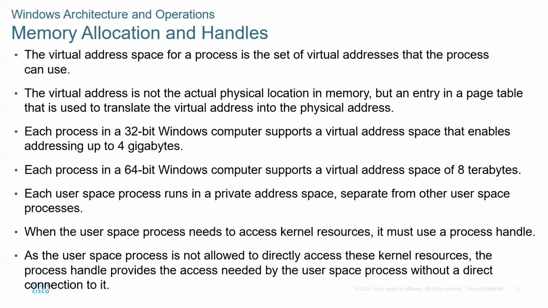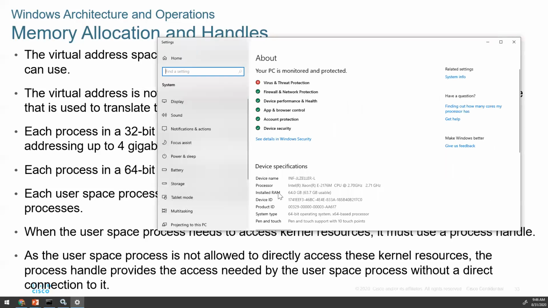Typically, most desktop and laptop type systems today, you probably see anywhere from 8 to 32 gig of RAM. Some of your higher performance gaming systems or bigger laptops like the one I have here typically have 32 to, I think my system can handle up to 128 gig of RAM. If we look at this particular one, I have 64 gig of RAM in this one, and it's capable of up to 128.